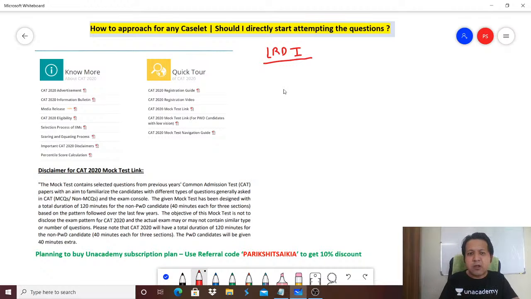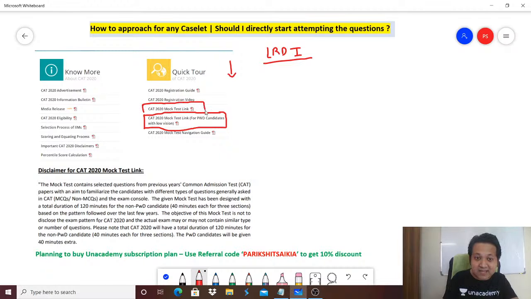For this, let's go to what the CAT website says. Yesterday, on the 5th of November, the CAT released a set of guidelines and a mock test paper link. If you go to the CAT-IIM website and scroll down, you will see this page. Here you will see the CAT 2020 mock test link for PwD candidates and another CAT 2020 mock test link.